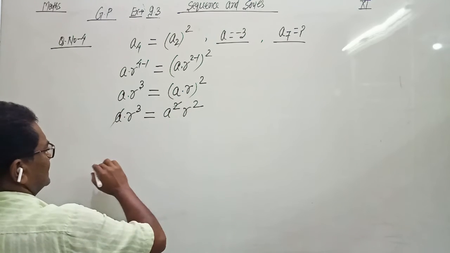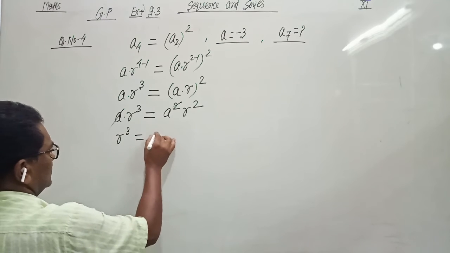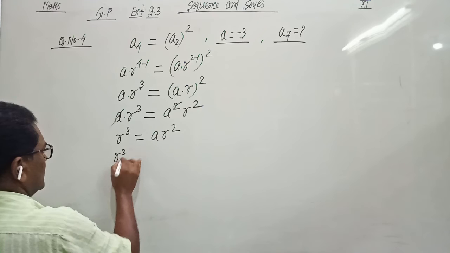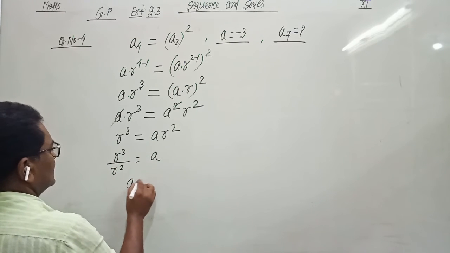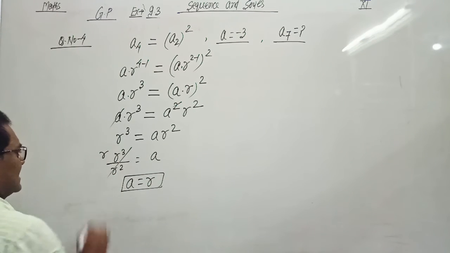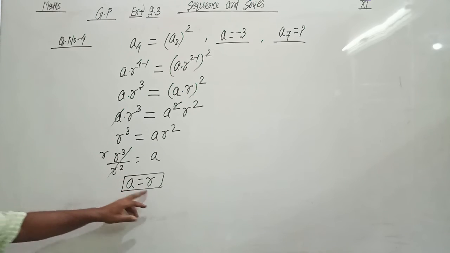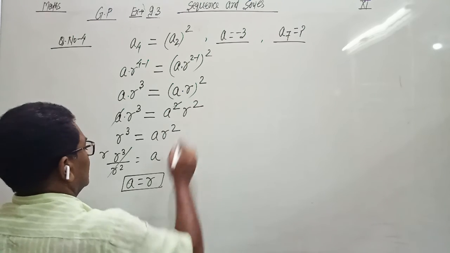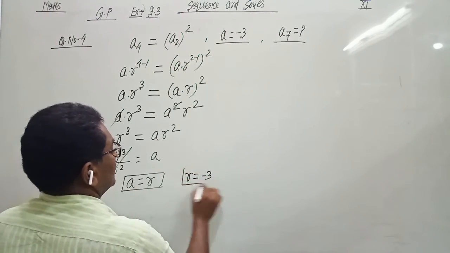One A cancelled. So R cube equals A R square. R cube upon R square equals A, so R equals A. This gets cancelled by R. So we find the value of R: R equals A. The value of R is also minus 3.